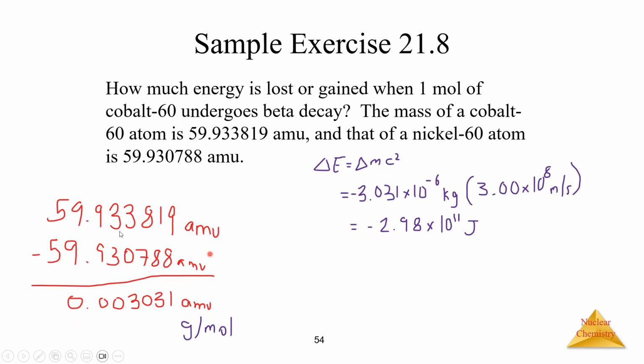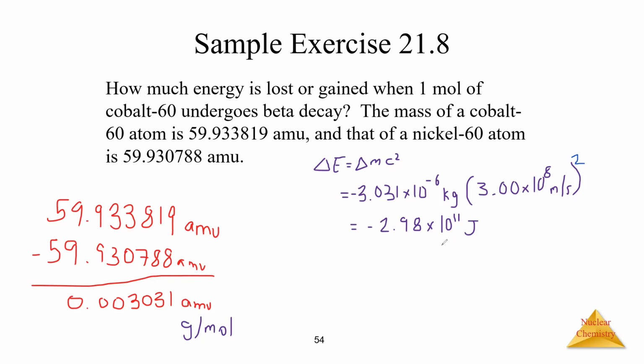We get a mass loss of 0.003031. Since the mass is less at the end, we'll have a negative value when we plug it into the delta M spot of this equation. And then we square that speed of light, ultimately giving us about 3 times 10 to the 11th joules being released during this process.